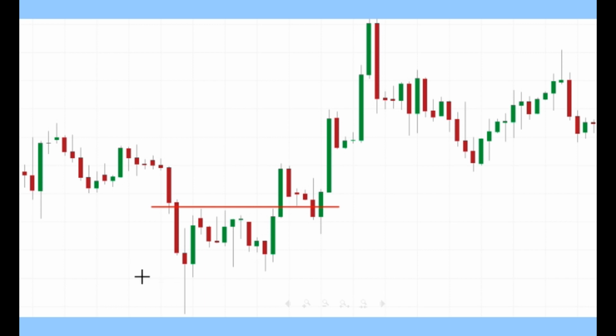Why I call this a double bottom is because the market touched this level twice. However, what I like about it is that it was on an upward trajectory.